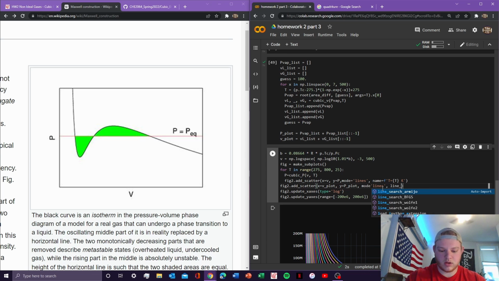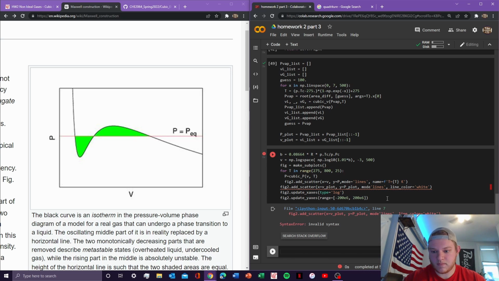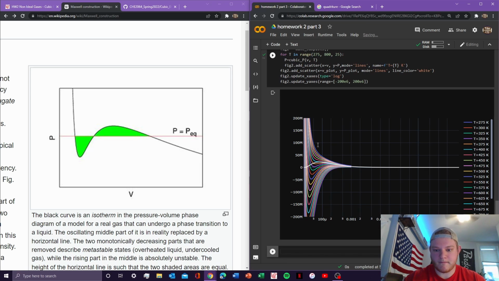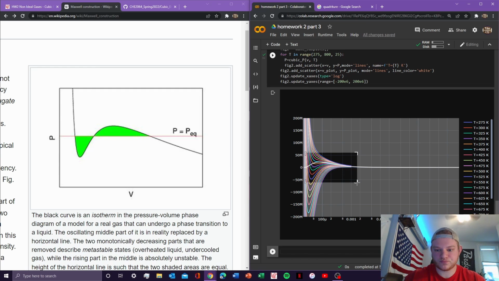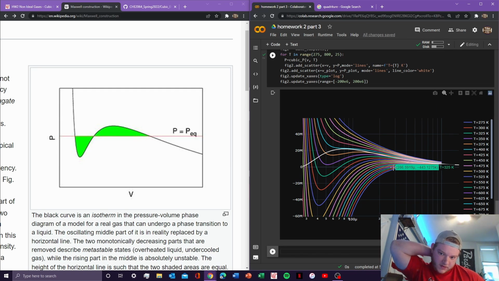So line color equals white. There we are. There is our two-phase envelope.